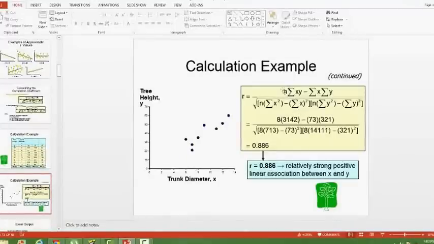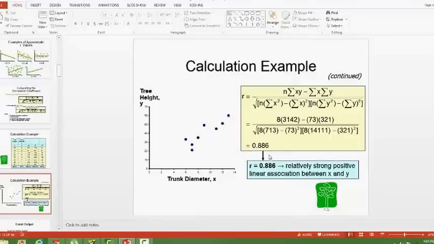As you can see, you need summation of xy, summation of x and summation of y separately, and then you also need summation of x square and summation of y square. Once you put these values in the formula, because we already calculated them, finally you arrive at this answer. 0.886 is the correlation between x and y.